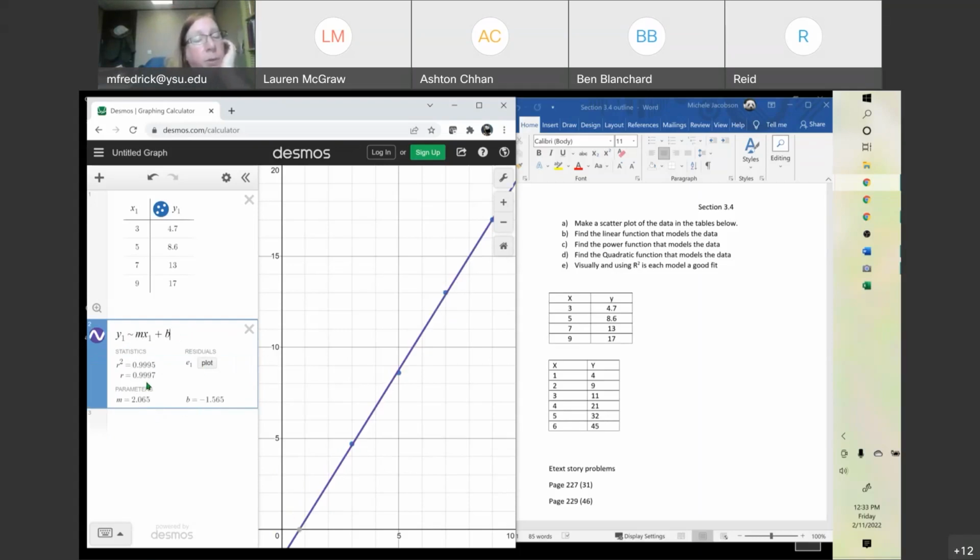R squared is almost 1, and it gives you your equation. Is everyone getting that? So for m, you're getting 2.065 x minus 1.565. And that would be your straight line.